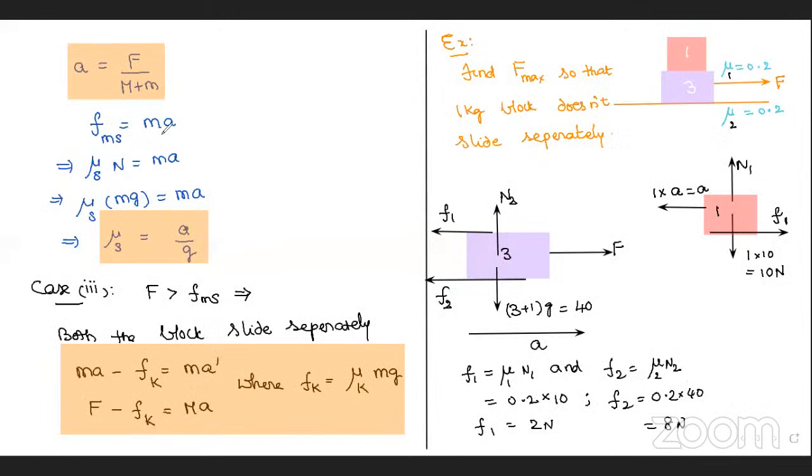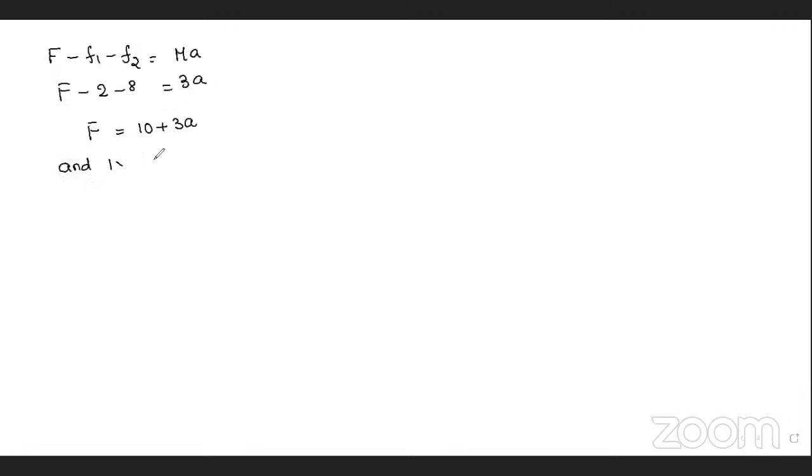Same way as in the previous problem, since the upper block is not sliding, what we wrote here, FMS is equal to small m into A, I have to write F1 is equal to 1A. It is not sliding separately, meaning A dash equals 0. That's why A is equal to F1. Are you following that? That implies A is equal to F1.